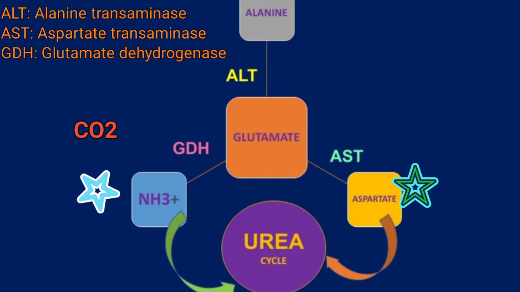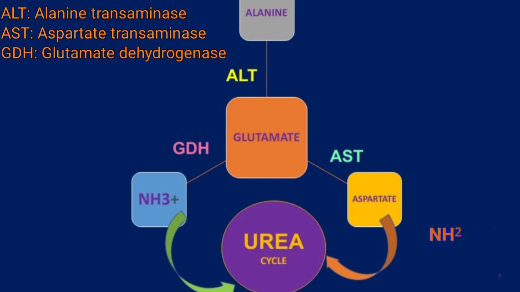You end up producing a molecule that has a carbon, an oxygen, and two nitrogens. And that molecule that's produced in the liver is non-toxic, can be released in the bloodstream, sent to the kidneys, and can be excreted by the kidneys.